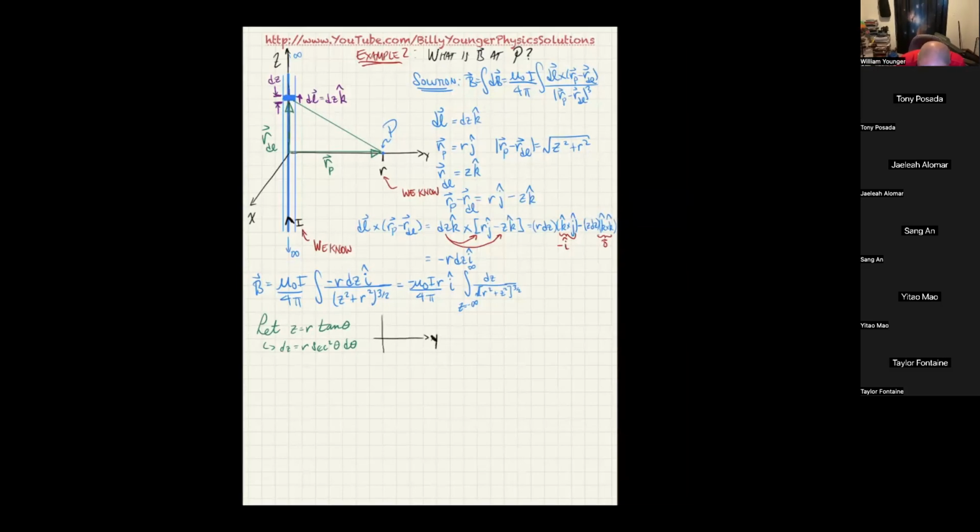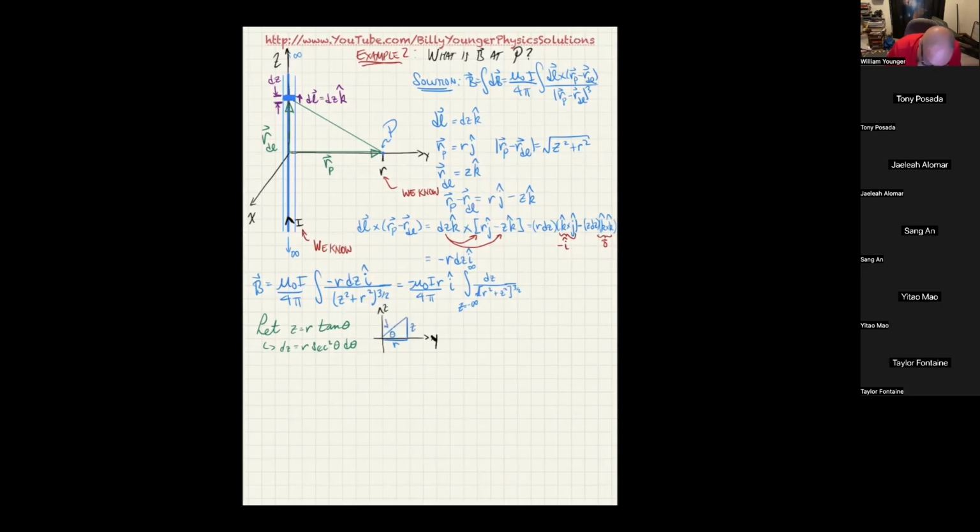I forgot I drew it the way that I did. And this is z. Tangent theta would be z over r, and r is the distance that we said was along the y-axis. So this distance right here is r, and this distance right here is z, and this angle right here is theta.